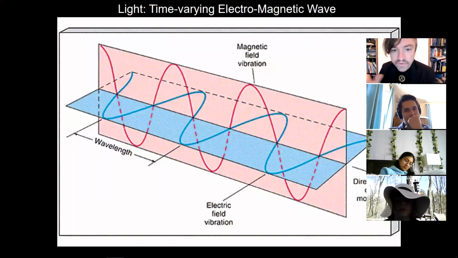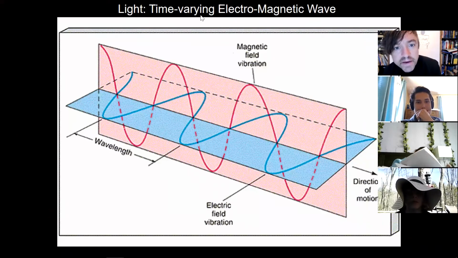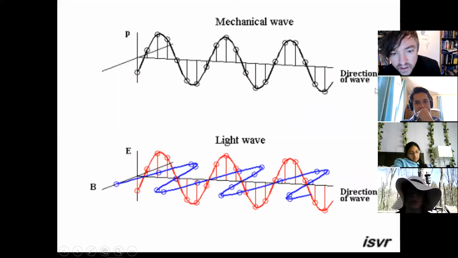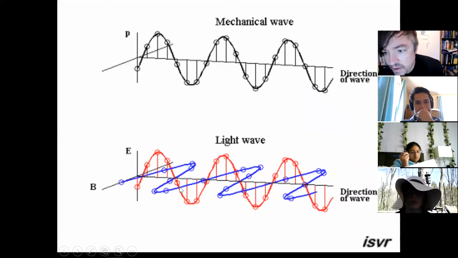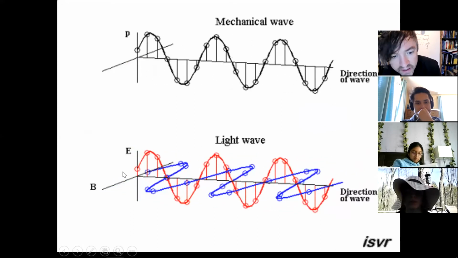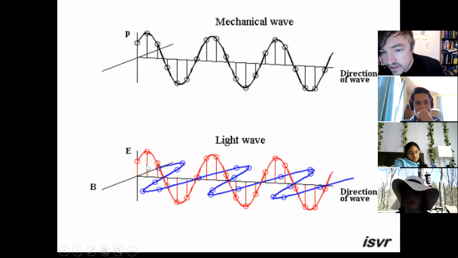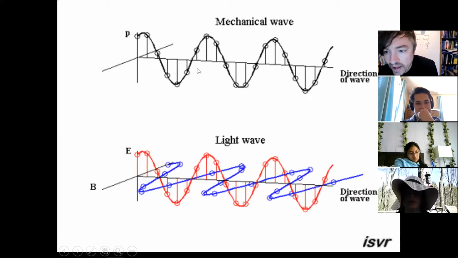And the technical definition of light, according to our class, according to any physics class, is a time-varying electromagnetic wave. In other words, there's a magnetic field component, there's an electric field component, and they wiggle through space, like you see here in the bottom animated GIF. It's time-varying because it moves through space, and it's a wave because it has wave-like properties, wavelength and frequency and so forth. Here's a mechanical wave.